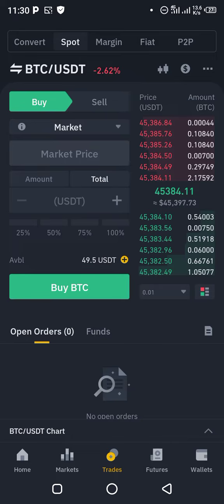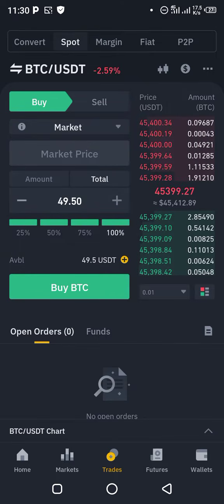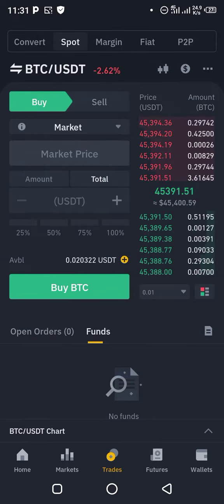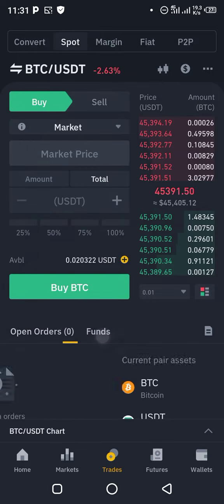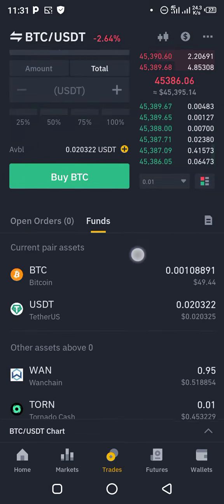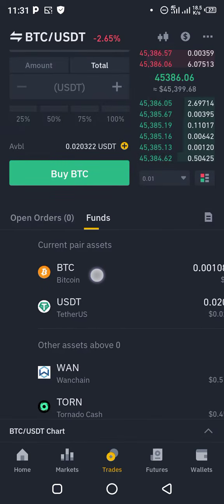I think I have roughly $49.5 in this spot wallet, so I'll use everything and buy BTC at market price. I'm going to buy BTC now. Market price, you can see it. Success. So I've actually bought BTC. You can see here my funds.